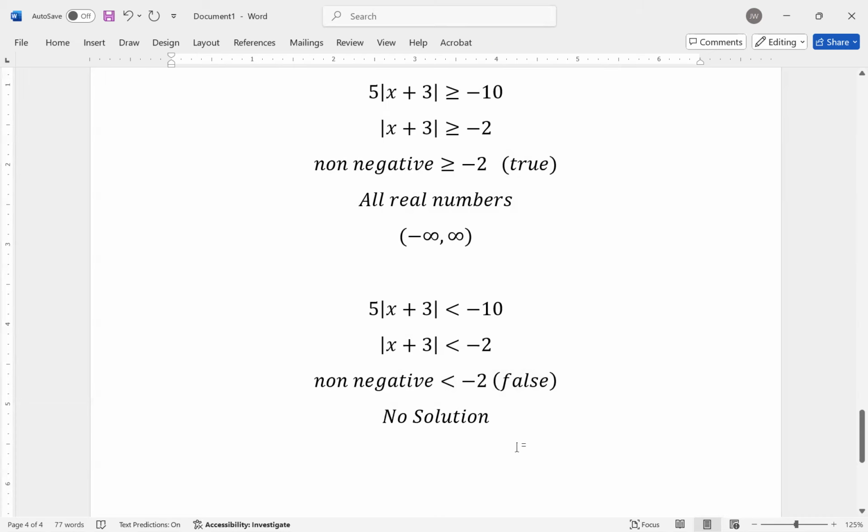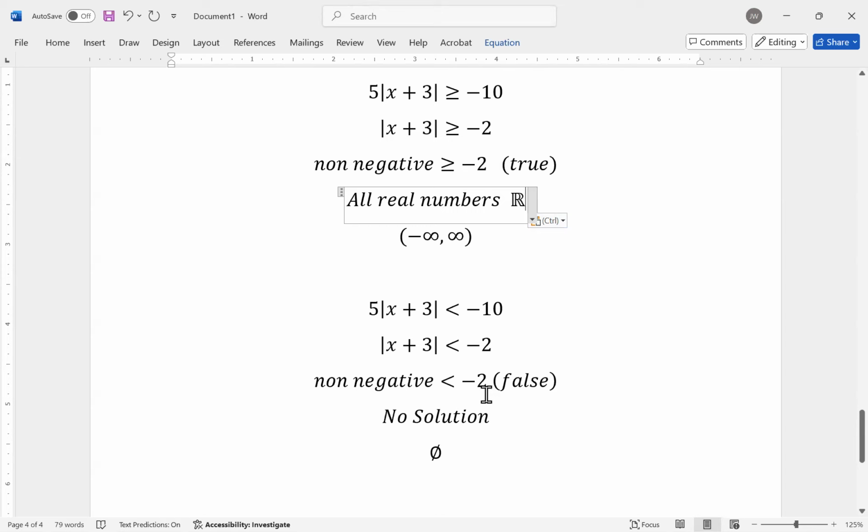And as far as writing this in set notation, the no solution in set notation is the empty set. And symbolically, it's this symbol. You put a 0 with a slash through it to mean the empty set. Also, you could write all real numbers with symbols as that capital R with double slashes.